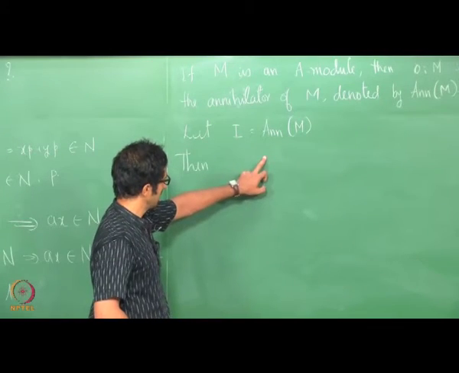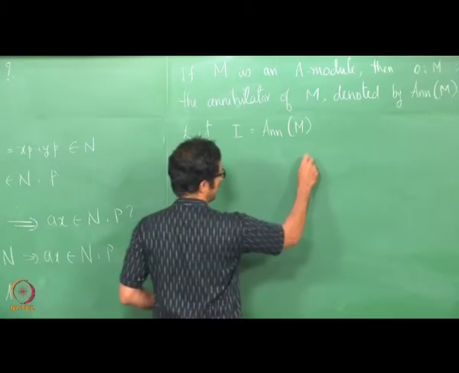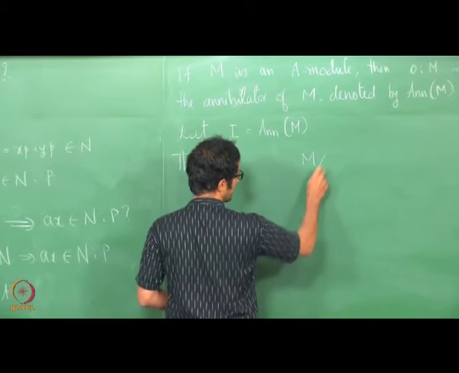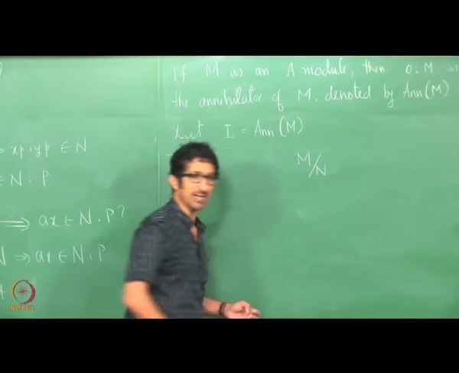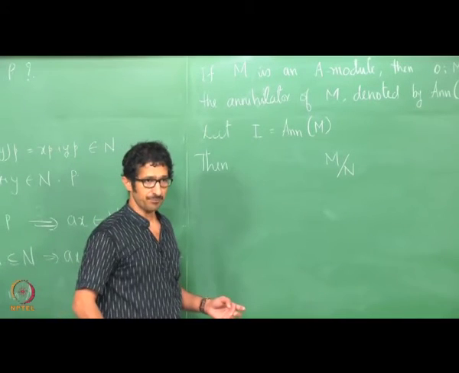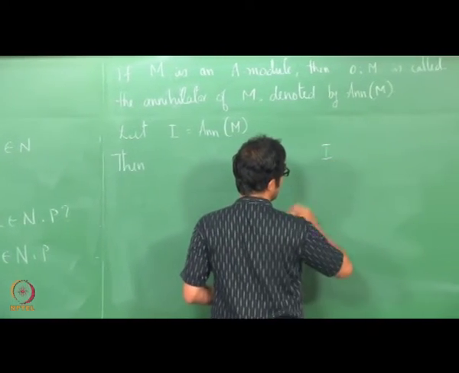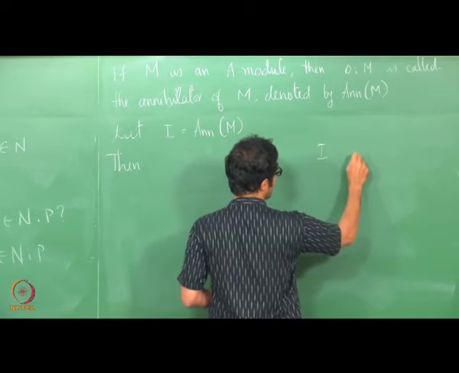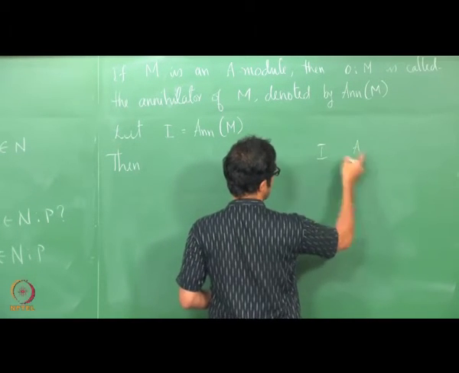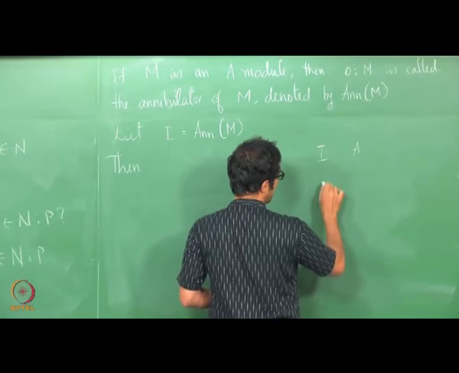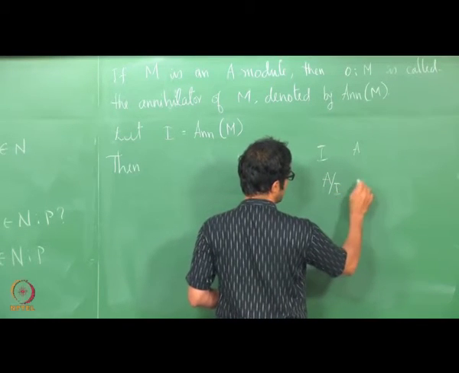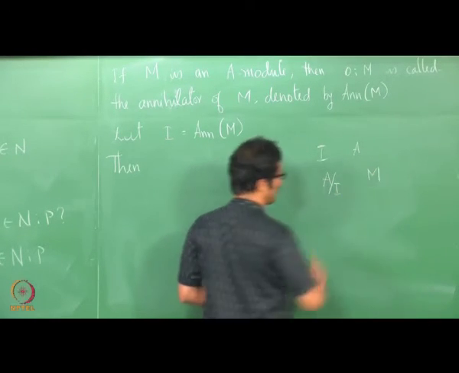Similarly, if M is an A module, then M mod n is an A module. But if I take I to be an ideal and A to be a ring and M is an A module, in general we might not be able to say M is an A mod I module.